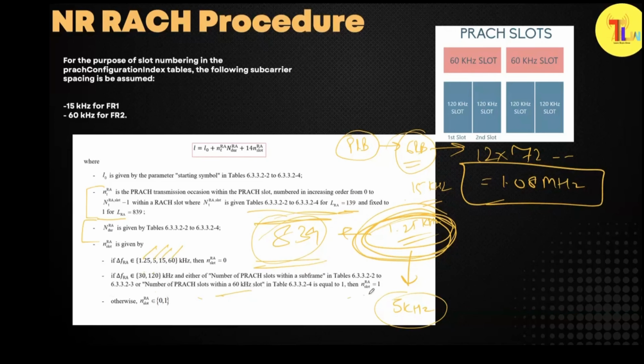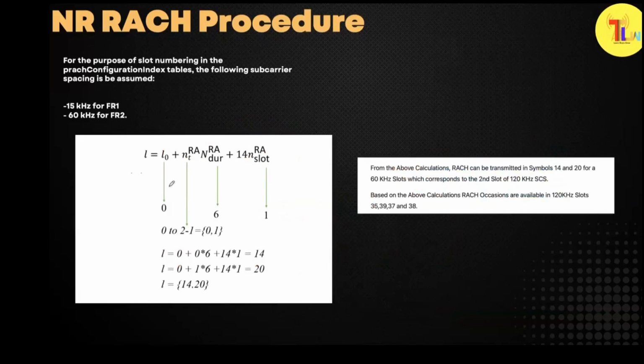That means NRA slot is equal to 1, otherwise 0 or 1. So this is the formula which will calculate all those things. I have L equal to 14 and 20, and according to that we will come to know that the second slot is being used.